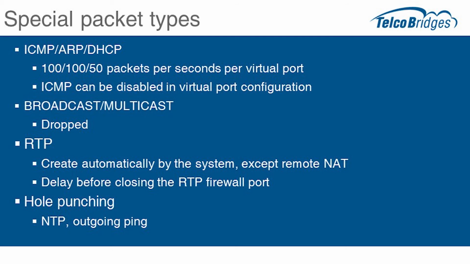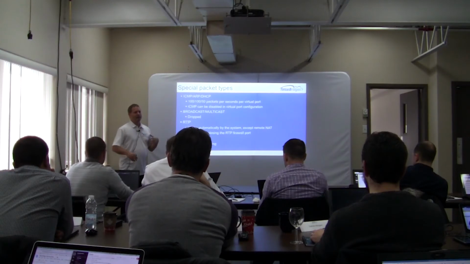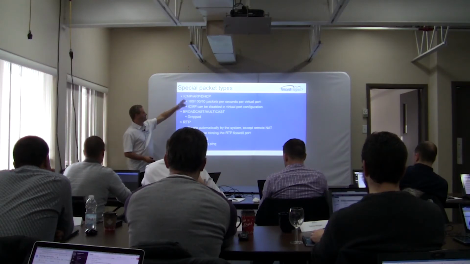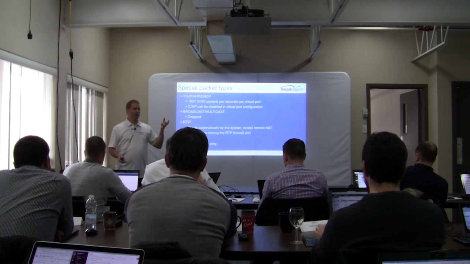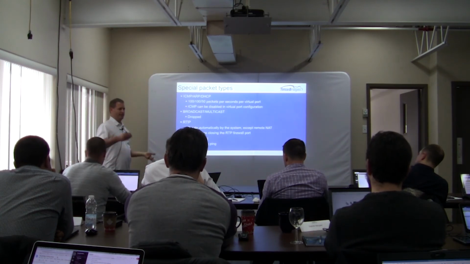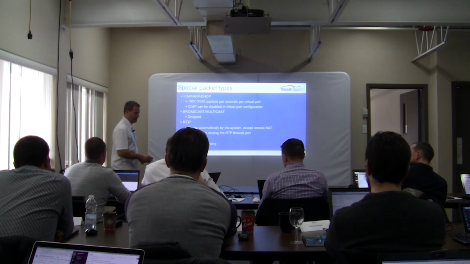I've seen some of my customers do ping tests for testing performance, and I tell them, no, don't do that, because it's going to be dropped and you'll have confusion about performance and protection. So it's something like that.